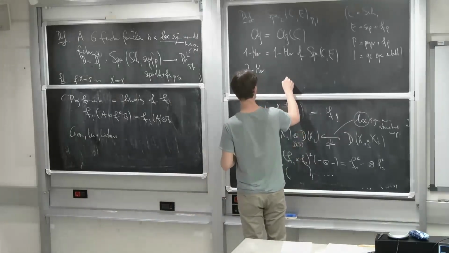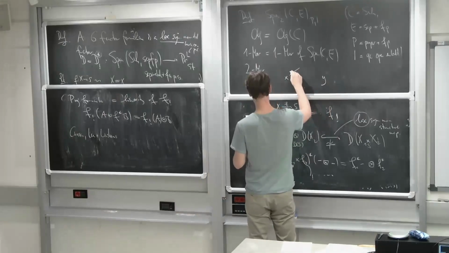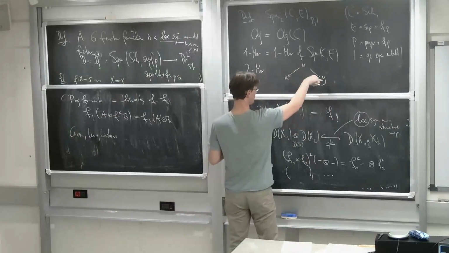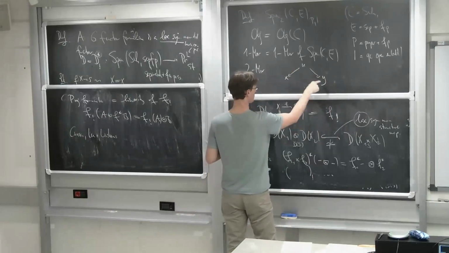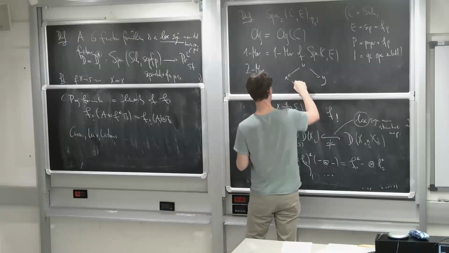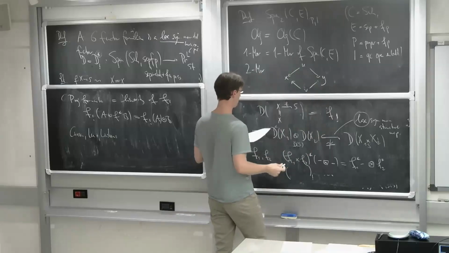So if you have some, let's say X, Y, and then you have a map. So this triangle here is a map from X to Y, right? And so I have to tell you, given some such morphism and another such morphism, B, how many two morphisms do we have?